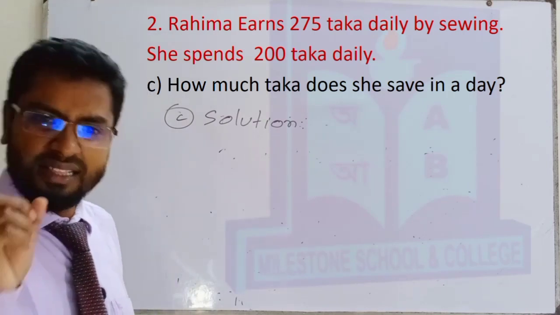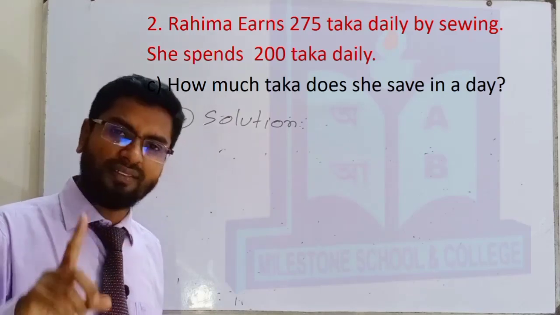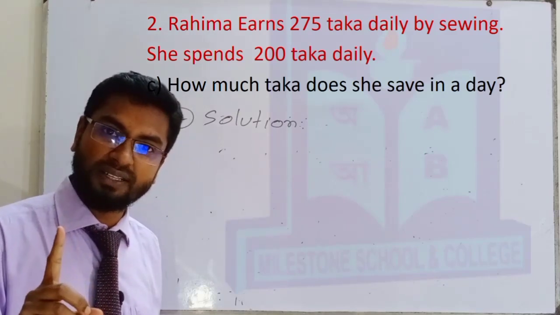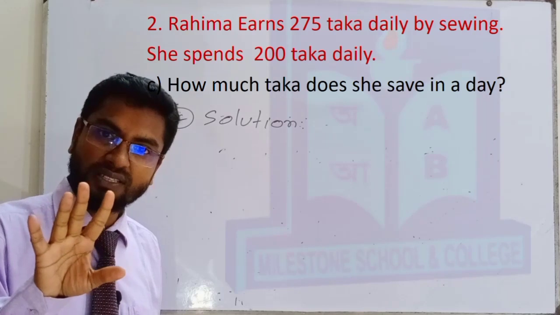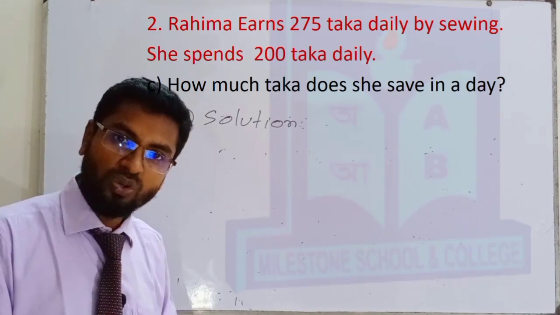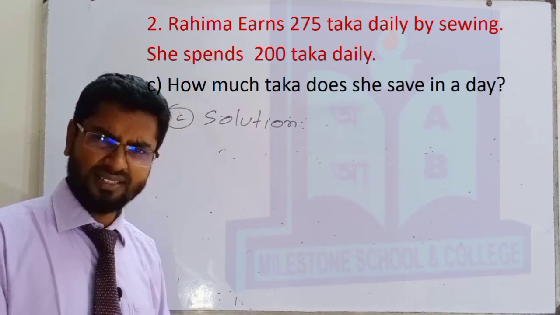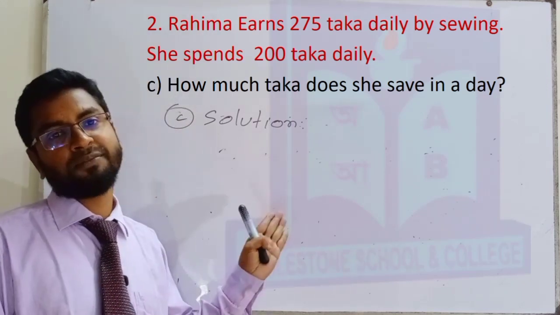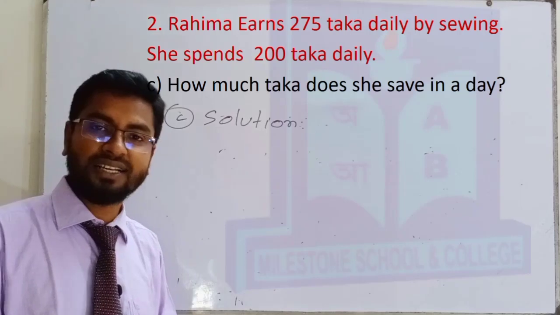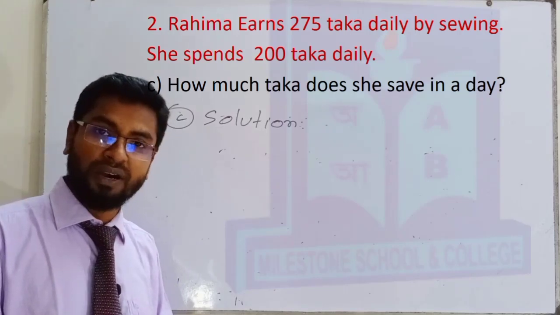In one day there is earning and there is spending. Two things. So what should we do to find out the saving? Yes, from the earning we have to deduct the spent money.